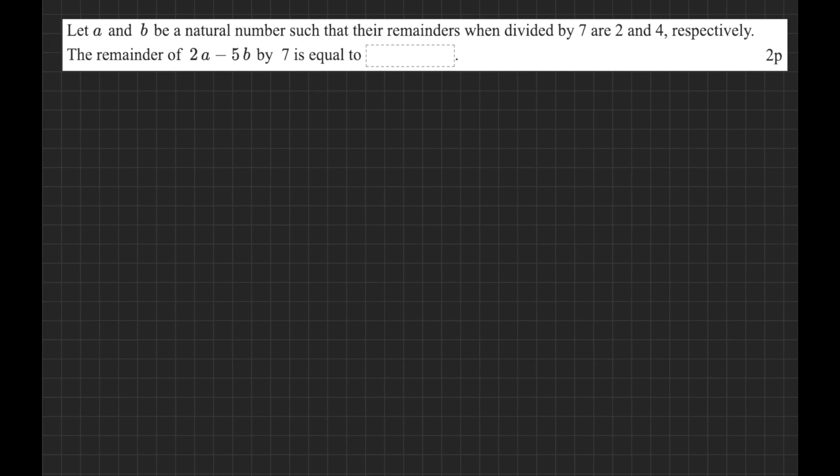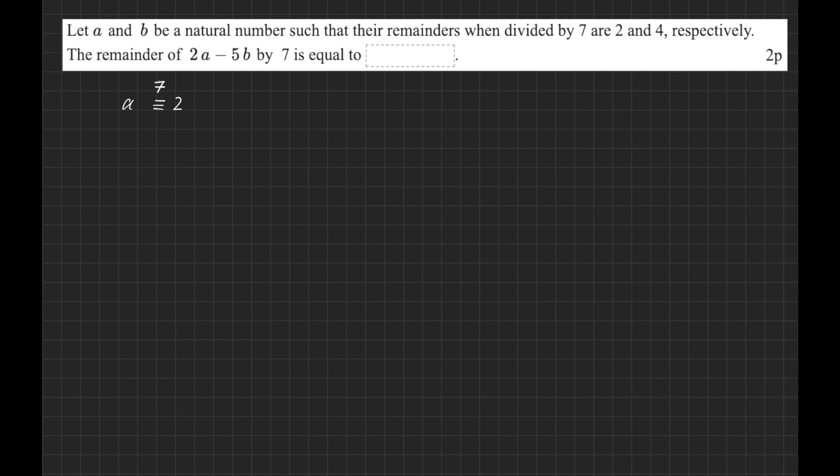Of course, you can use the division algorithm as well, but let us just do this congruency method first. So we see that if I divide a by 7, the remainder is 2. What does it mean? It means that a is congruent to 2 modulo 7.